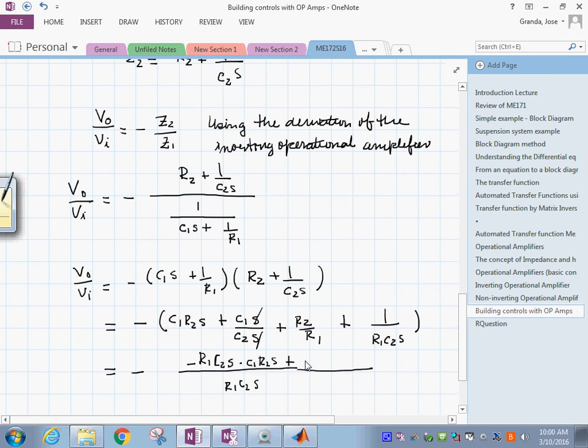The fact is that you have this transfer function, minus sign, and then you have this in here. You have R1, R sub 2, C sub 2, C sub 1 squared. So you see this is a factor right here. Plus you have the other factor, and I think I'm missing a term.